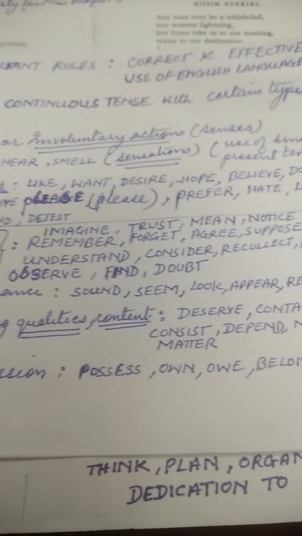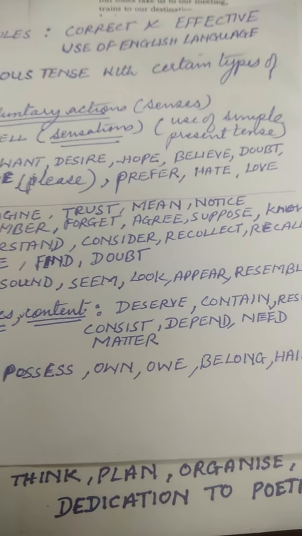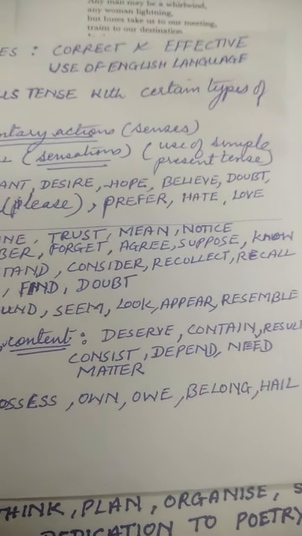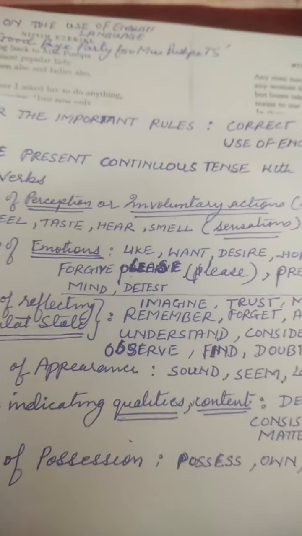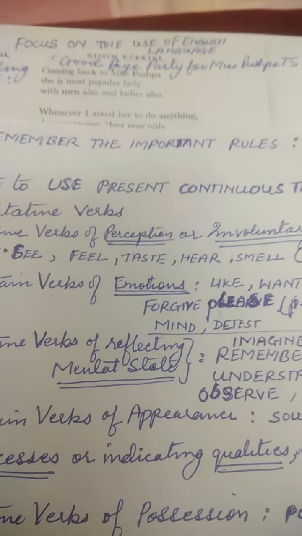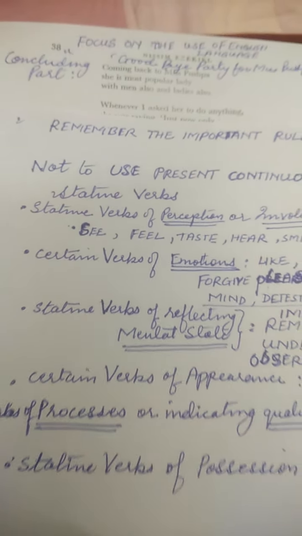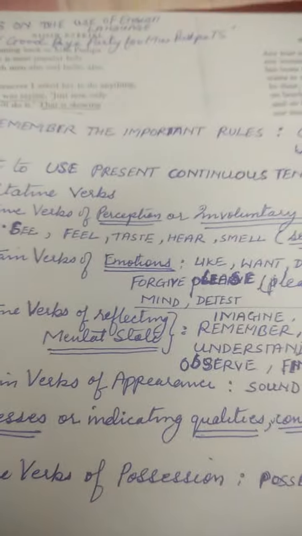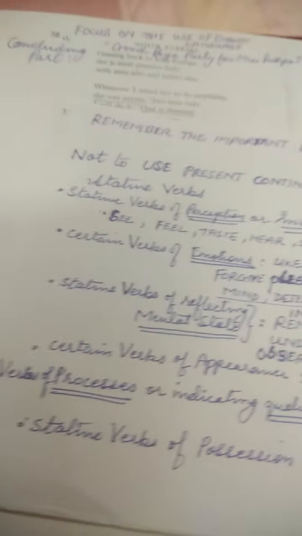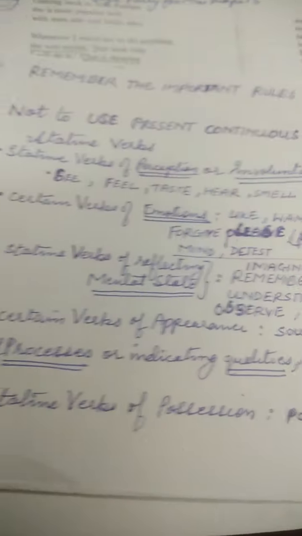Processes and quality, and in which context, especially matter, it matters, and like this. Simple present tense. So what is the rule here? Yes, the rule is that you would not make use of present continuous tense, particularly in such stative verbs.